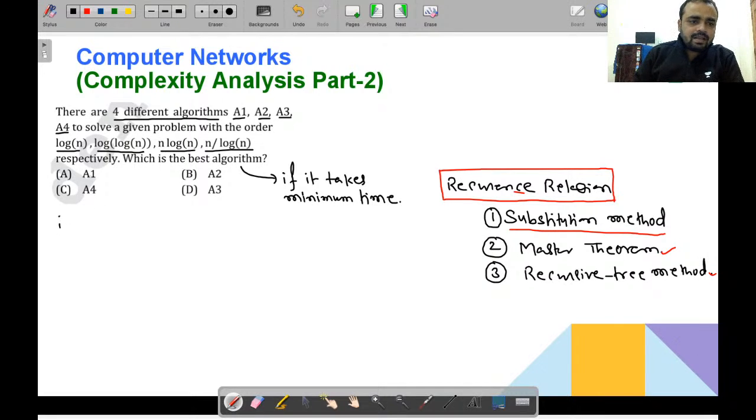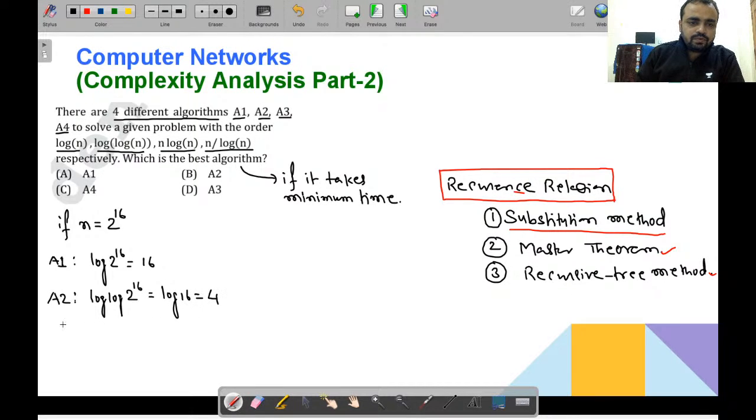Now let's see. Assuming n is equal to 2 to the power 16, the first case, A1, will become log of 2 to the power 16, which is equal to 16. A2 will become log log of 2 to the power 16, which is log 16, equal to 4.